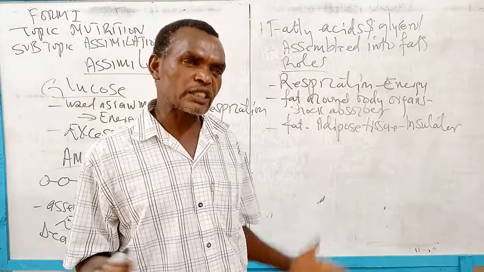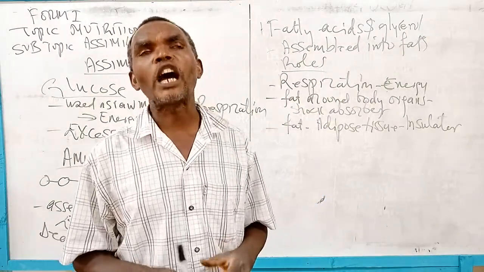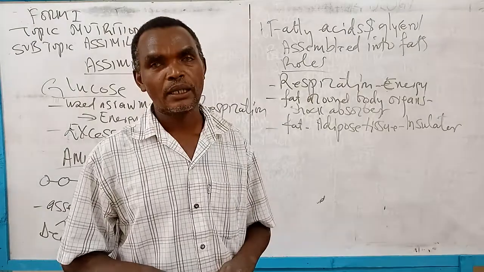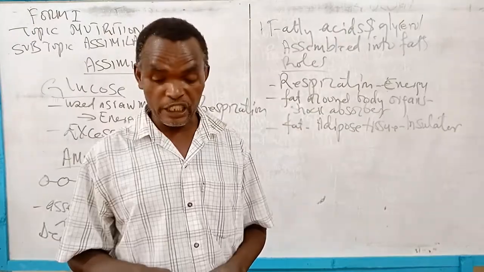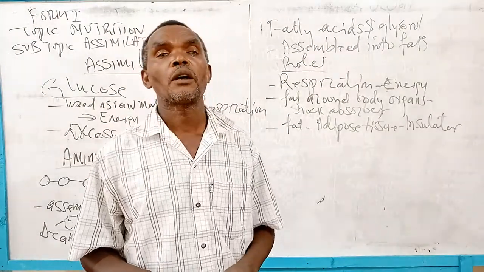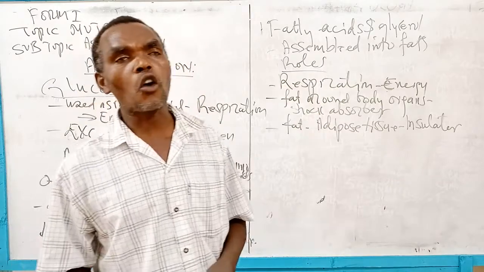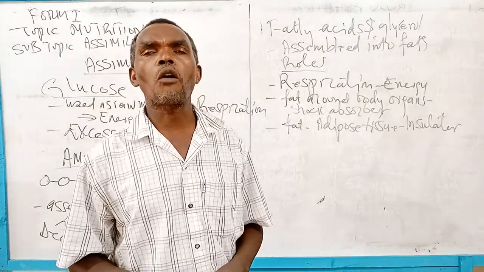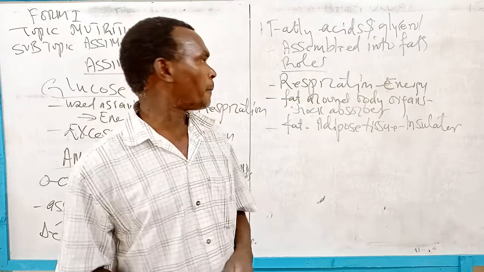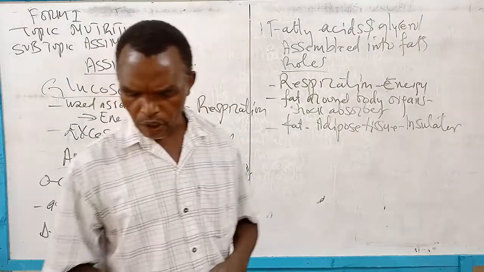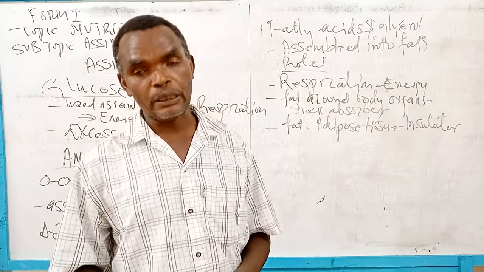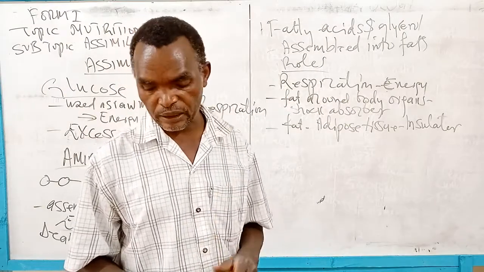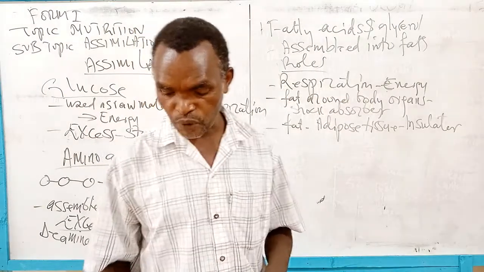Because it's a long story, we are going to consider that under a topic on its own. In fact, there is a topic on the roles of minerals and the roles of vitamins in the body. There is a whole topic on that, so that one is not for today.